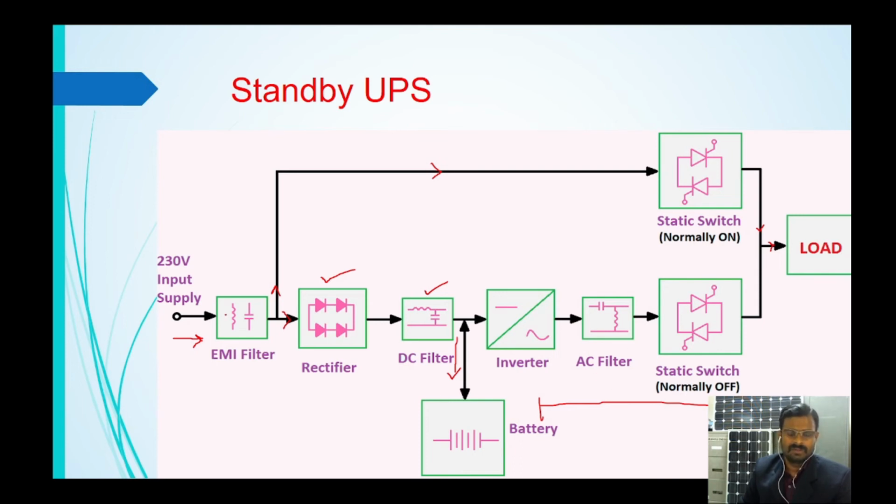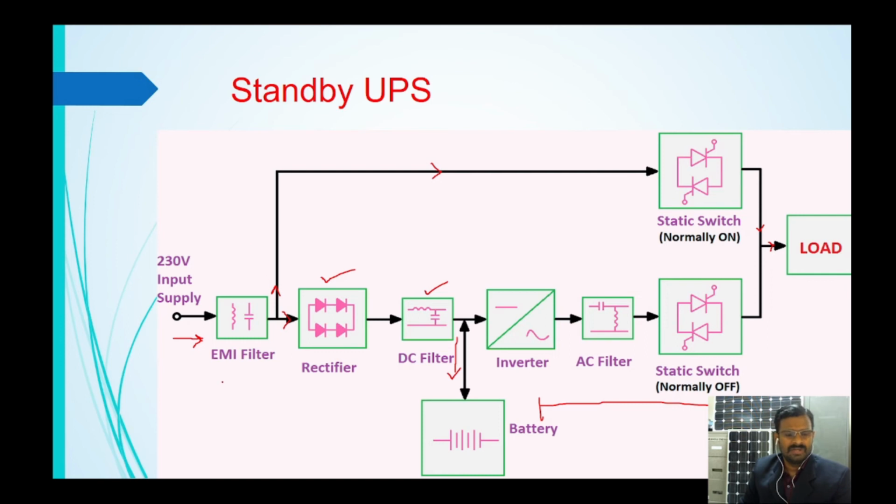The load is taking the power from the utility through a surge suppressor and EMI filter and through the static switch. The rectifier unit charges the battery, and the inverter unit is not going to do any function at this time.